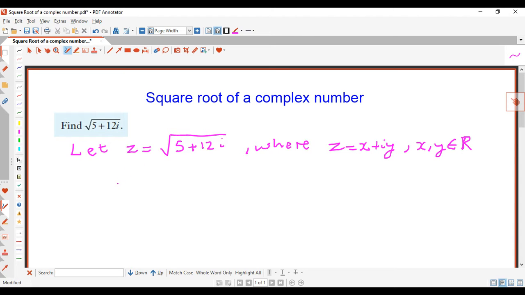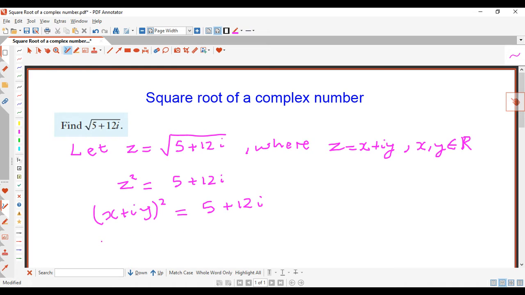And now I'm going to square both sides. So z squared is equal to 5 plus 12i. And z is x plus iy, so I'm now going to do a substitution: (x plus iy) all squared equals 5 plus 12i.